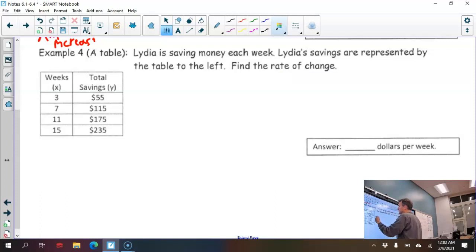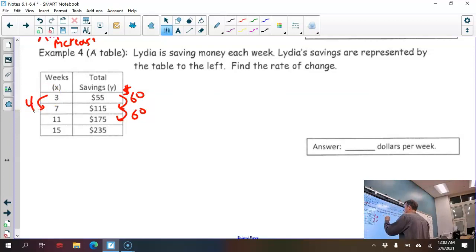So what you do, right, is you find out how much the y is increasing. Well, from 55 to 115, that is an increase of 60. And if I did it again, it's also an increase of 60. So the y is going up by 60 each time, while the x goes up by 4.